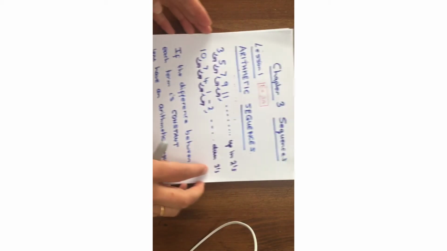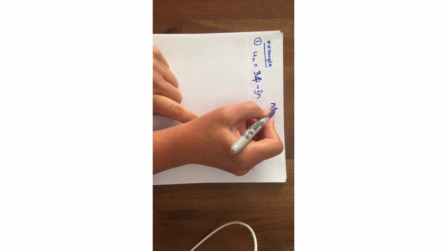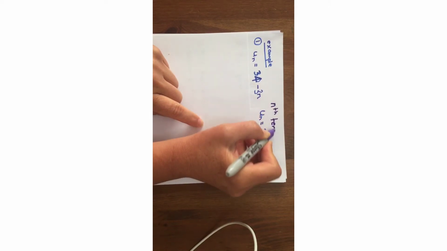Okay. So, what are we going to do with arithmetic sequences? Well, if you've got, for example, this is saying that the nth term, so U_n stands for nth term.